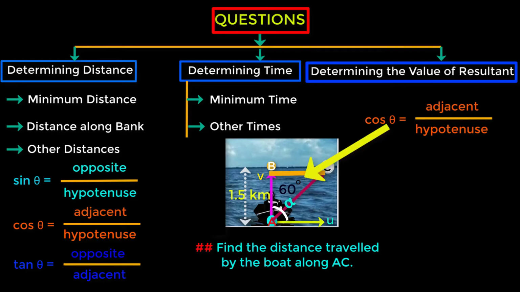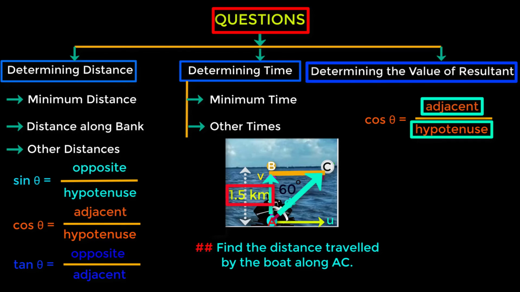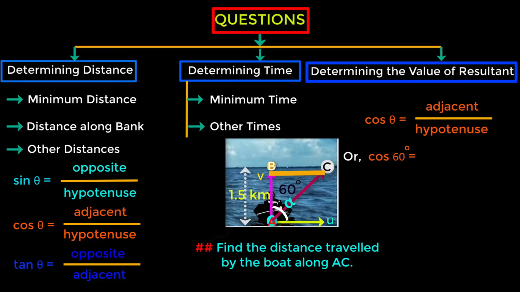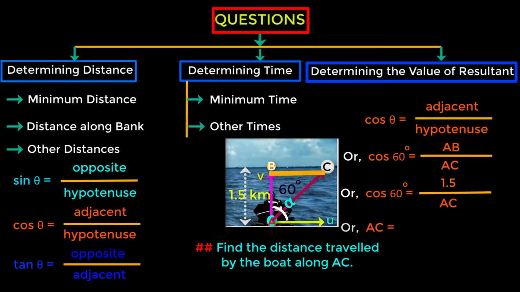Here theta equals 60 degrees, adjacent AB equals 1.5 kilometers, hypotenuse AC equals what? So we can write cos 60 degrees equals AB over AC, or cos 60 degrees equals 1.5 over AC, or AC equals 1.5 over cos 60 degrees. Therefore AC equals 3 kilometers.